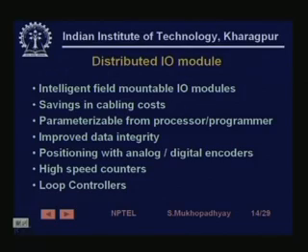Some specific loop controllers, like temperature control loops, where you just download the set point from the central processor, and the basic loop works on the distributed IO module. So, the main processor is not bothered with that. That is distributed IO, generally getting more and more popular these days.